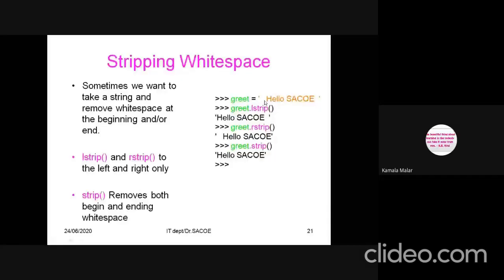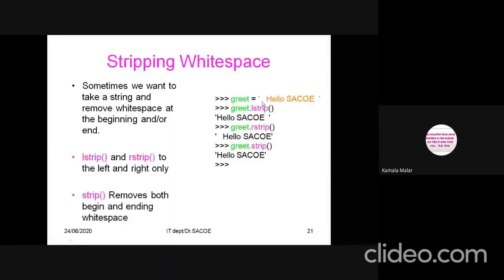The next methods are lstrip, rstrip and strip, used to remove the white space available at the beginning and end of the string. For example, notice I have given some space. Here, gray is the variable assigned with hello Taco. Initially I left some space and at the end also I have left some space. If I want to remove the left space, I use the method lstrip.